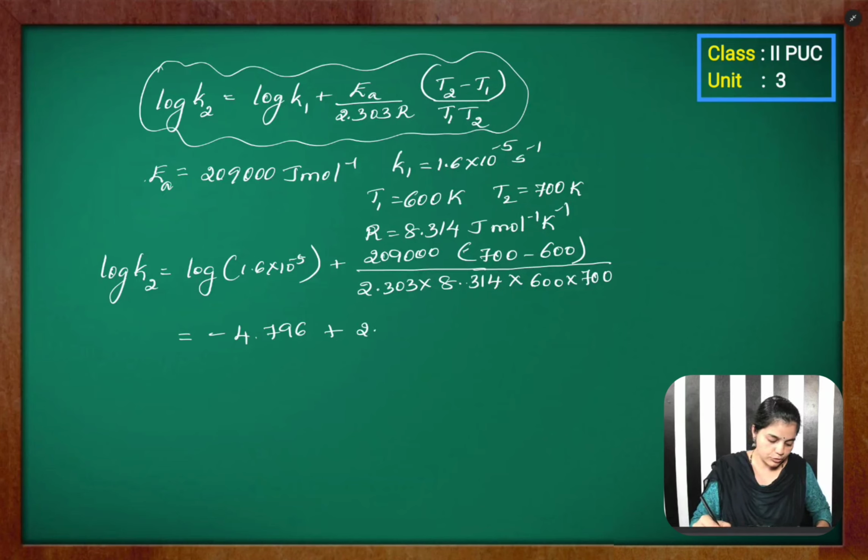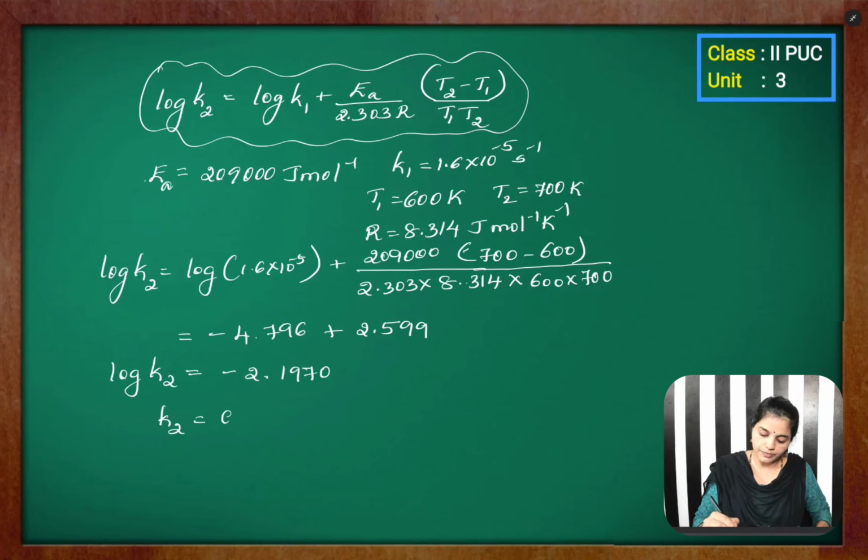So we get this as 2.599, which is equal to minus 2.1970. So we get log K2 as minus 2.1970.